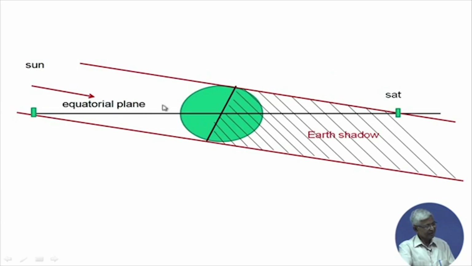Let me draw another picture where the satellite is shown here, and this is the equatorial plane, and the sun has come on the solstice, coming towards the equinox. At some point of the year, some day of the year, the shadow of the earth will start falling on the satellite, and that will happen sometimes in the night, isn't it?